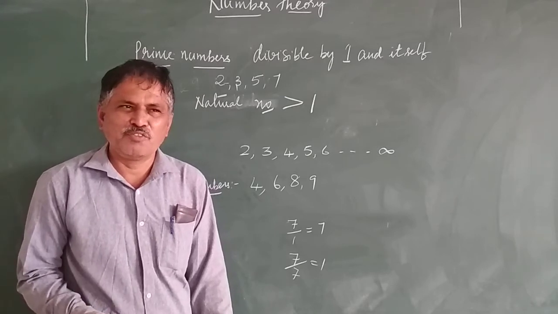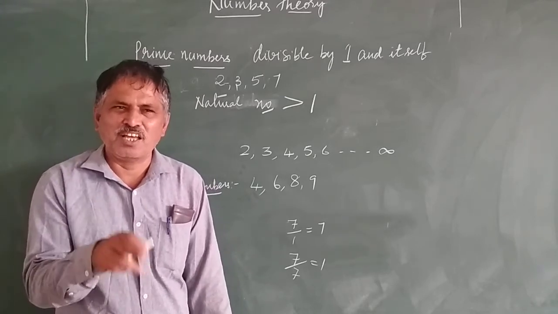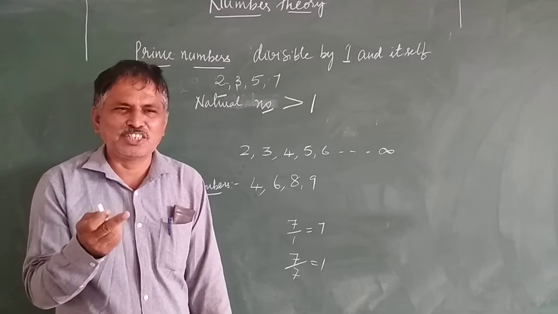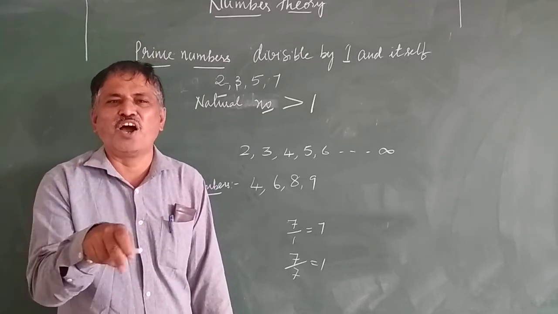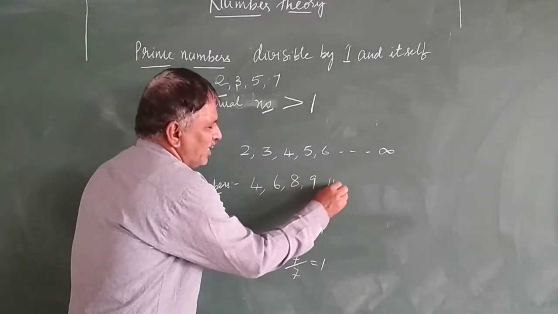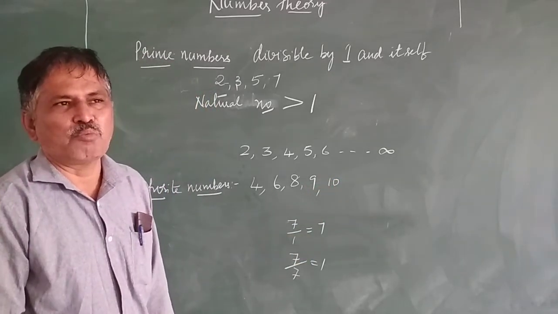Then 10: 10 is divisible by 1, 10 is divisible by 10, 10 is also divisible by 2 and by 5, so hence 10 is a composite number.